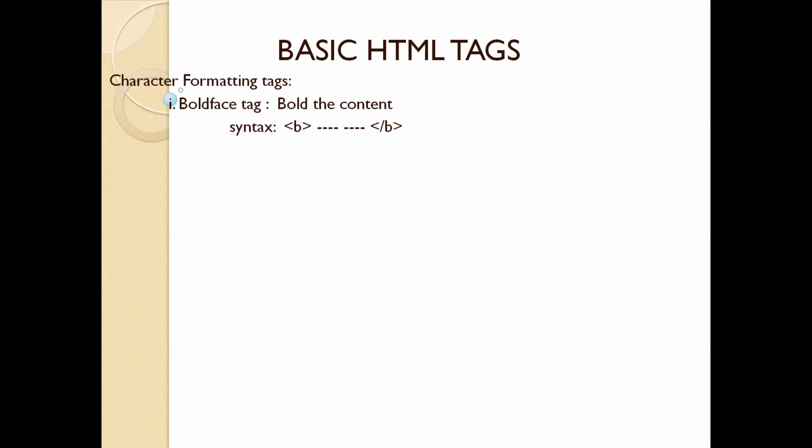Similarly, while we are dealing with hypertext markup language, if we want to highlight some text or apply some boldness to the text, we have to represent that text in between a tag called B and the closing tag B. The tag B represents bold. Here B is the starting tag, and in place of those dashes, we write some content.